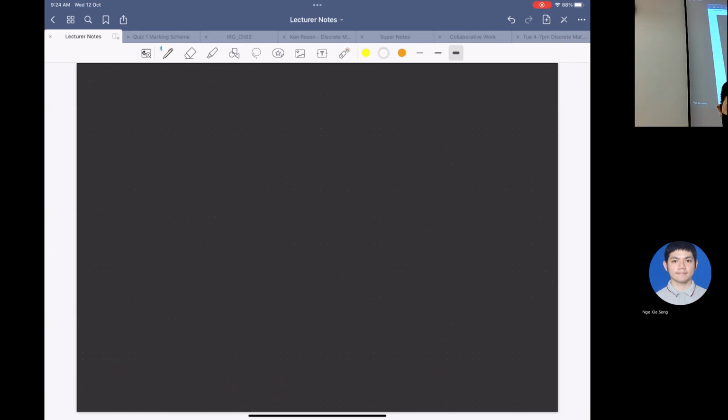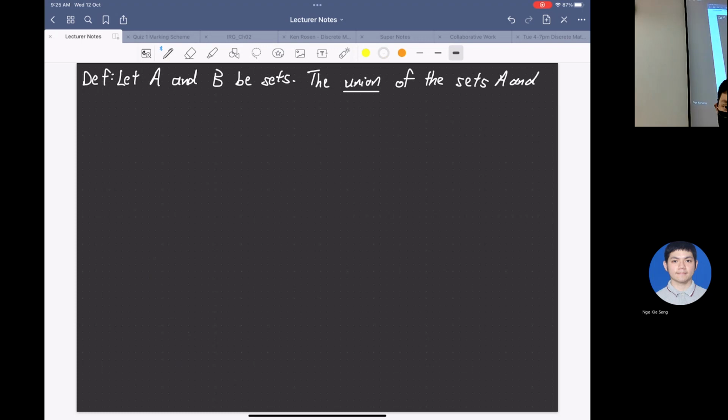So now we know how to multiply two sets together. Now we want to take the union of two sets, a concept maybe exposed before. So how do you use the predicate logic to explain the union?